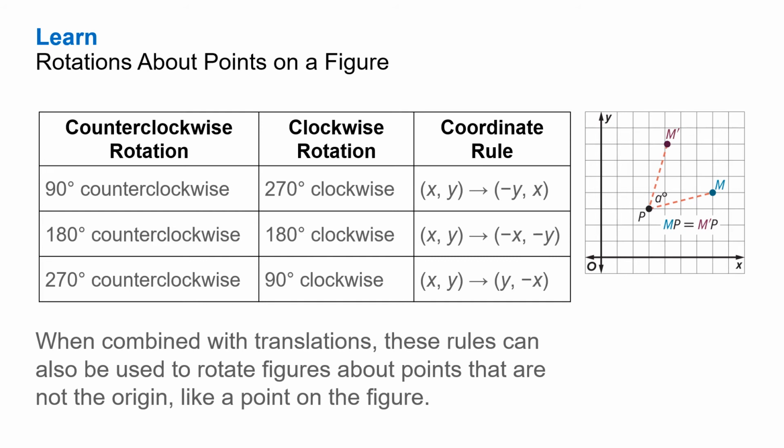90 degrees counterclockwise and 270 degrees clockwise end up at the same location, so their rules are the same. We take our initial point or our pre-image point and we rotate it either 90 degrees counterclockwise or 270 degrees clockwise, and we end up where our x and y coordinates switch places and the y coordinate becomes the opposite sign.